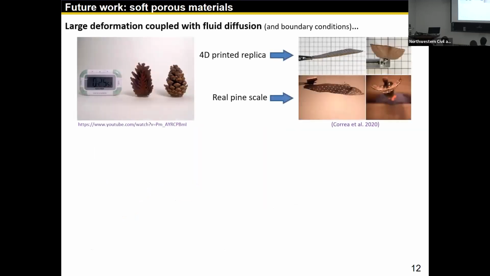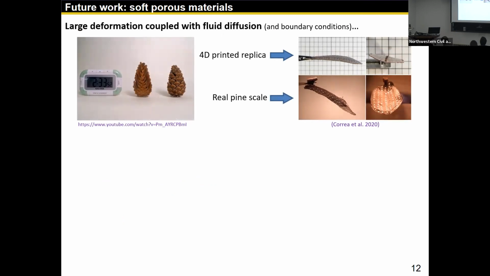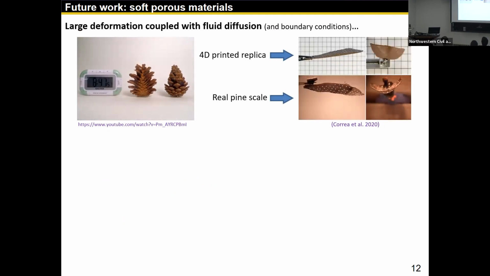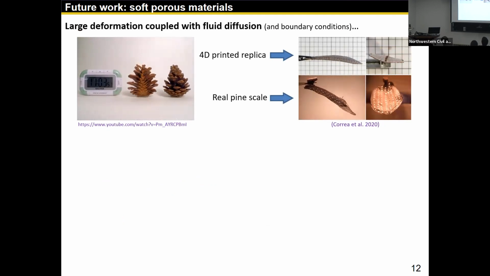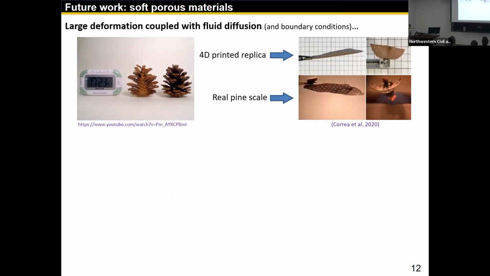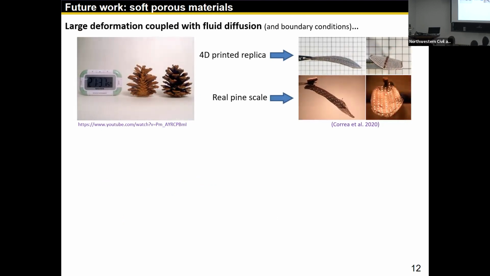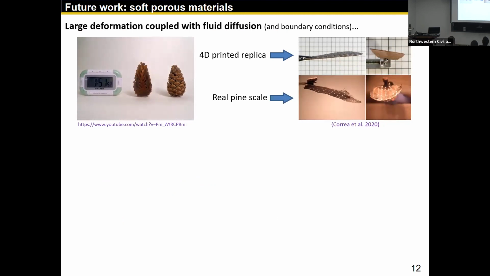So then you can be very creative within this framework. For example, we are looking at the pine cone. You know, these pine cones we see every day. When they are up in the tree, they are supplied by water from the stems, so they are closed. Once they fall on the ground, they dry up, and their scales open up to release the seeds.